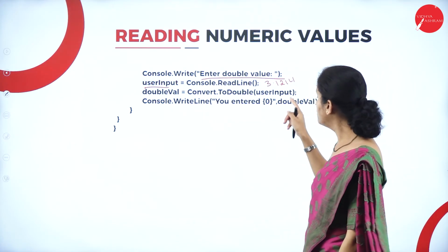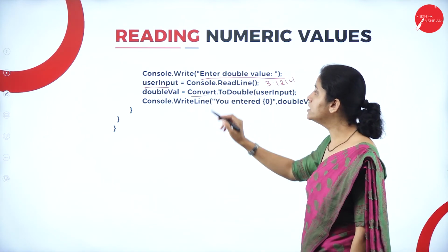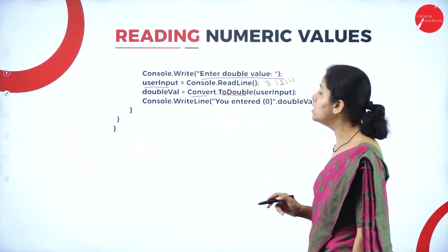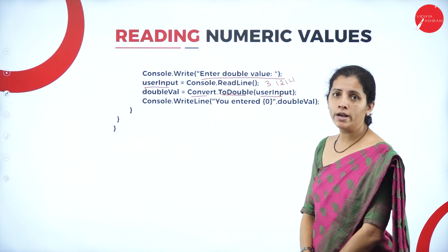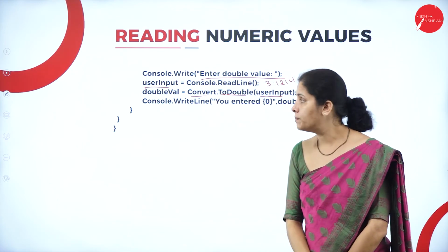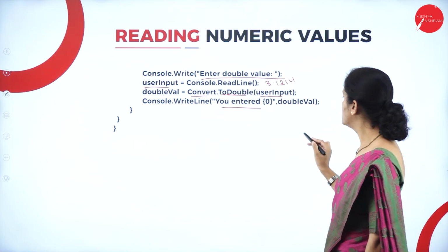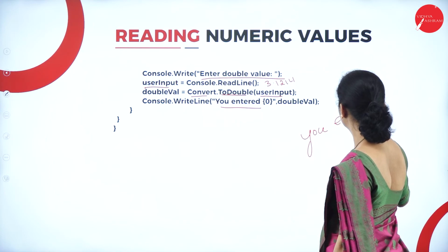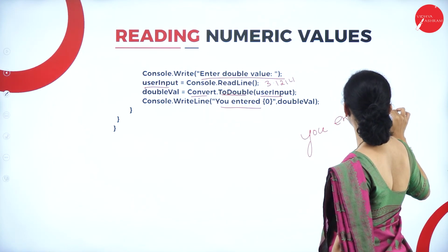Now I want to convert that into double, so I'm going to use the Convert method and call ToDouble, and pass 3.1214, and I get the output: You entered double.